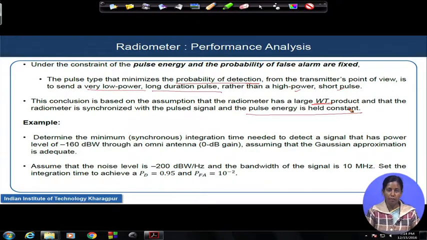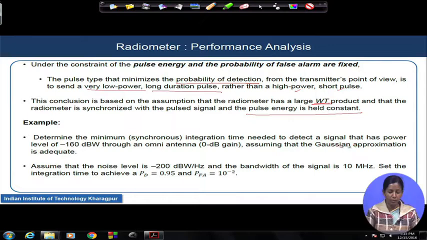Here is a good example to give you an idea. Suppose I am trying to determine the synchronous or integration time that needs to be fixed in the detector design, such that it detects a signal which has a power level of minus 160 dB watt at an omnidirectional antenna, assuming that the Gaussian approximation is adequate.